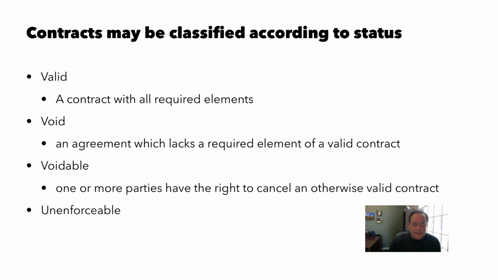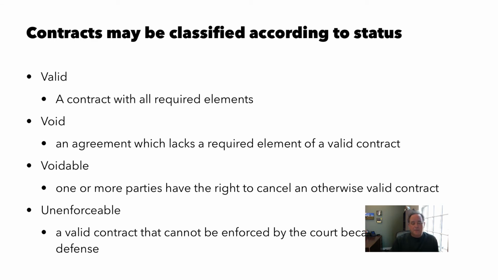An unenforceable contract is a valid contract that cannot be enforced by the court because of a legal defense. Probably the best known type of unenforceable contract would be a contract that's barred by the statute of limitations. The statute of limitations is what we call an affirmative defense, and every state has a different time period in which you can bring a claim for a breach of contract.